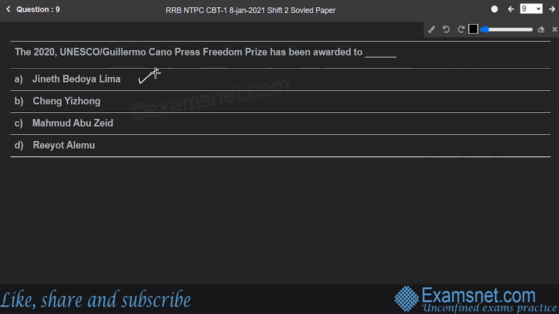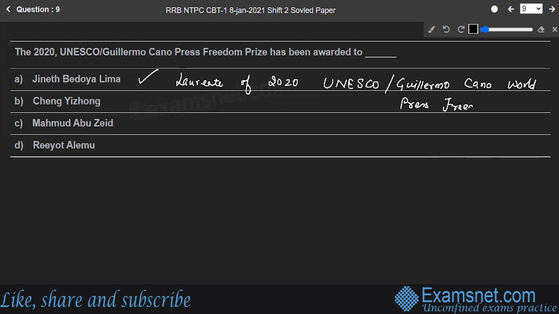Colombian investigative journalist Junaid Badiou Lima has been named as the laureate of the 2020 UNESCO Guillermo Cano World Press Freedom Prize, on the recommendation of an independent international jury of media professionals.